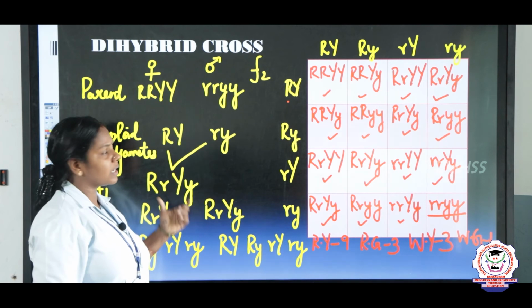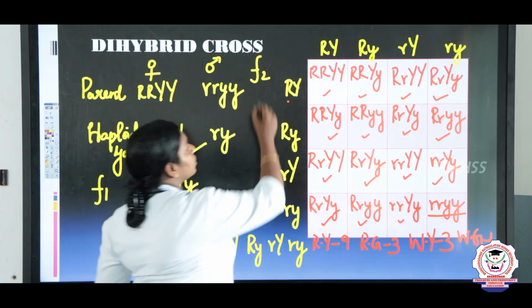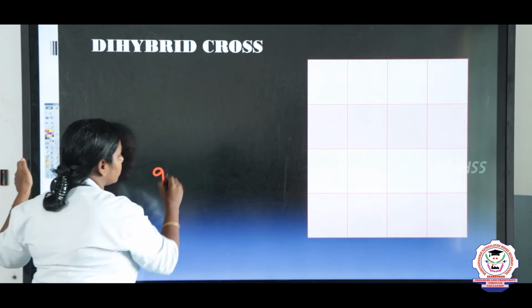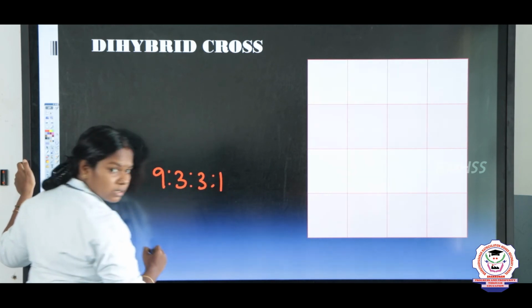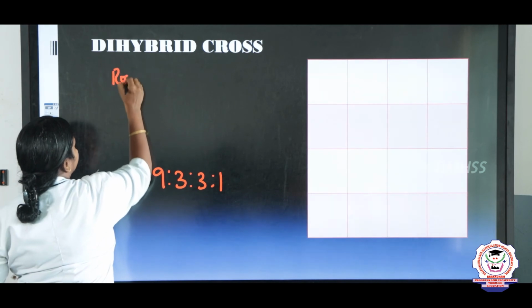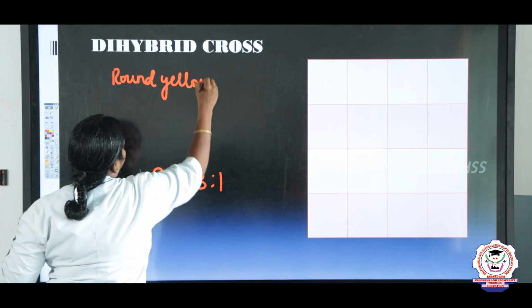So what is the ratio for dihybrid cross, children? Yes, very good. So what is Mendel's dihybrid ratio, children? 9:3:3:1. So how many round yellow seeds we get? Round yellow we get 9.